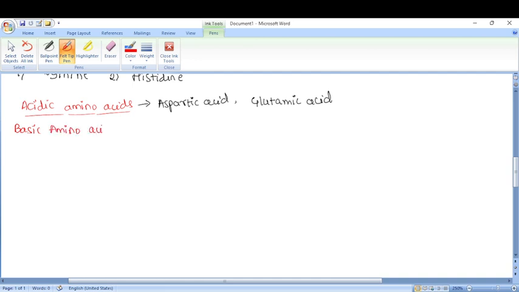Basic amino acids are arginine, histidine, lysine. And they may ask the question, which one is the simplest amino acid? Simplest amino acid is glycine.